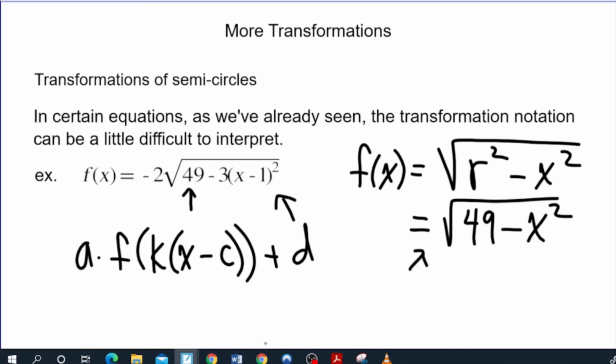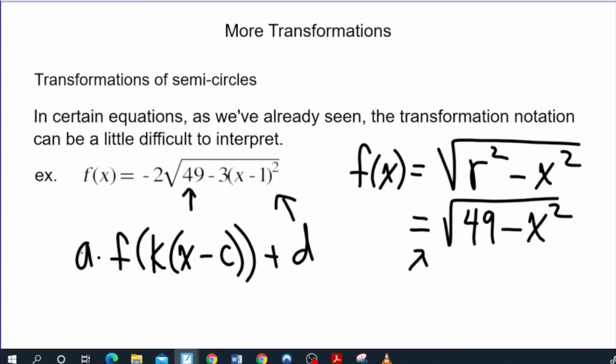So that 49 is telling you what the radius of the circle is to start. It is not part of the transformations. It is your job to recognize that, knowing what the parent function equation looks like. Once you've done that, then you can start to see what are the other transformations that are going on.